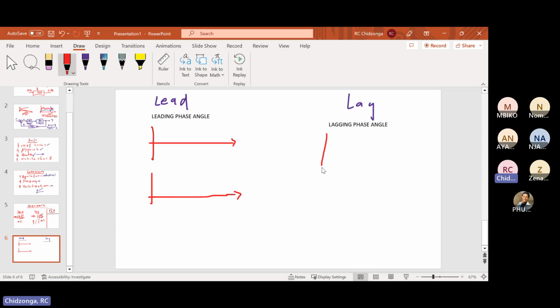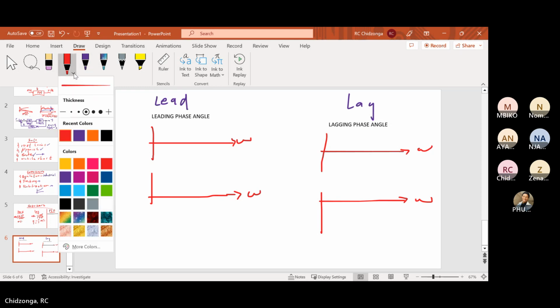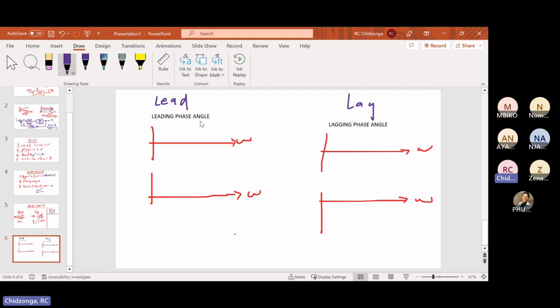Same here, we plotted the magnitude, and we also plotted the phase angle. This is frequency, this is frequency, this is frequency, this is frequency. All right? Now, for the lead, the transfer functions are there.